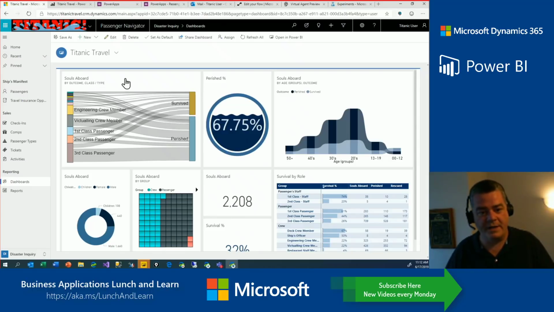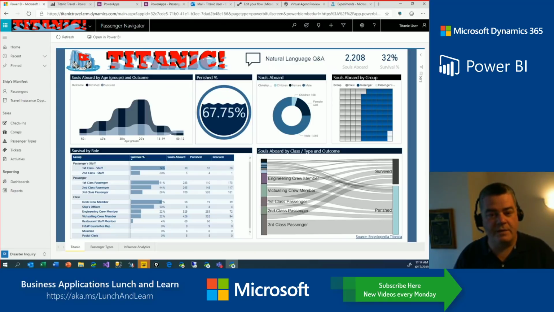So in this case, I brought it in and said, let's visualize it. And like I said, this was really the first time I ever used Power BI. So now we're looking at the data that's coming out of Dynamics, and we're exploring it in a dashboard that's in Power BI, but that's surfaced inside of Dynamics, that gives us this visual understanding of what's happening.